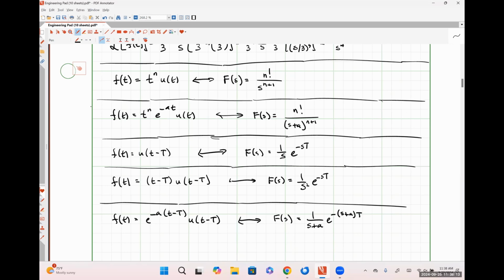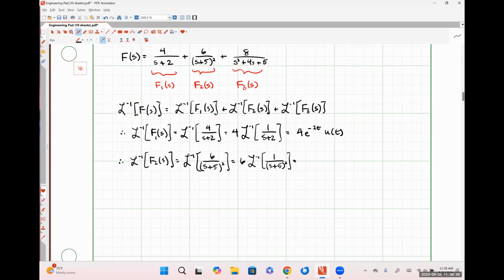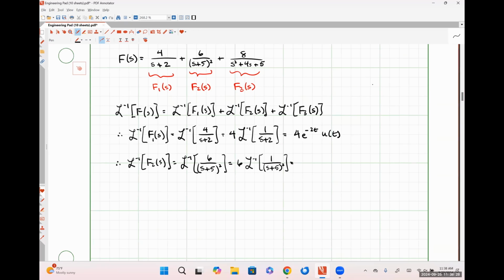So 1 over s plus a to the second power is this guy right here where n is equal to 1 and a is equal to 5 based on our parameters. So we would have 6t e to the minus 5t u of t.